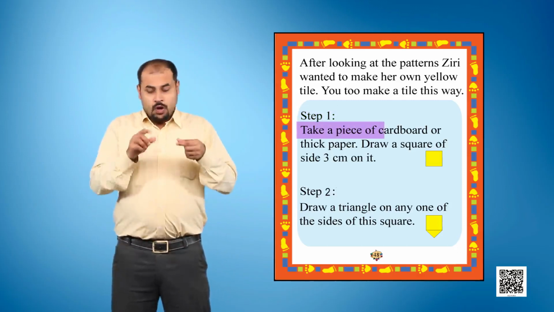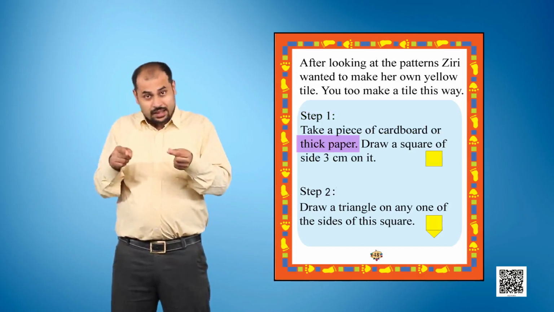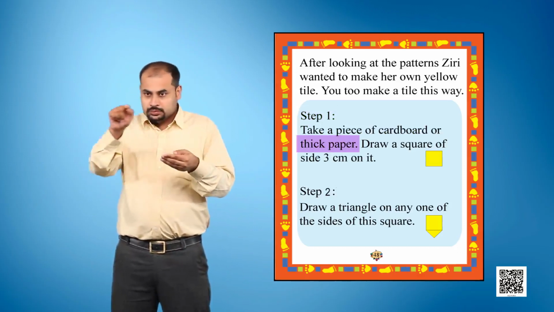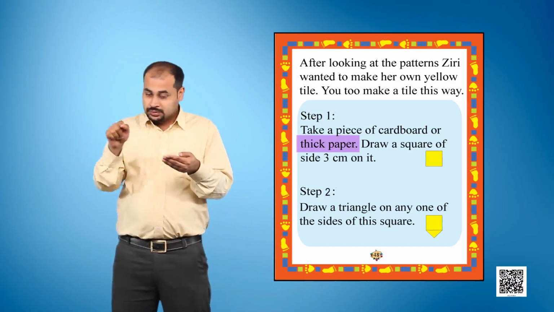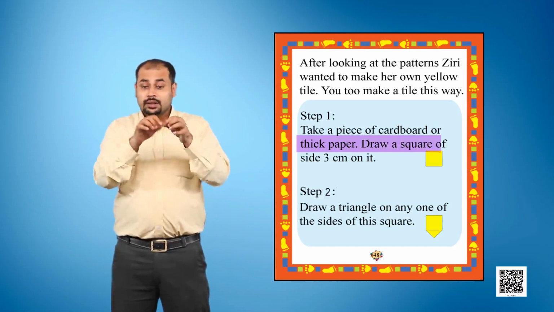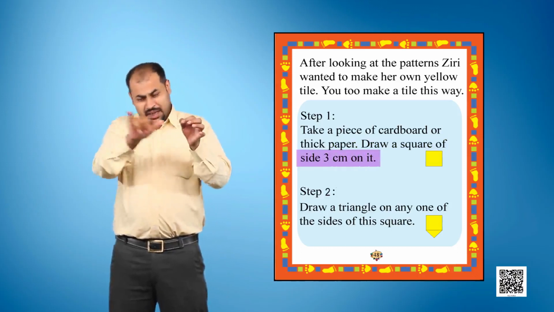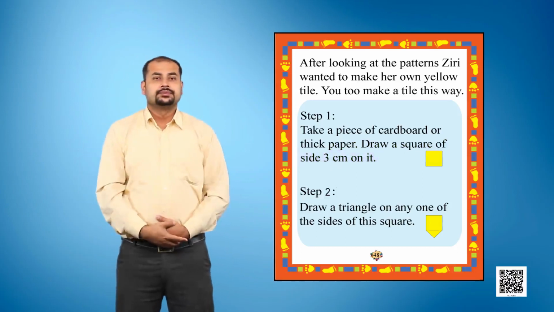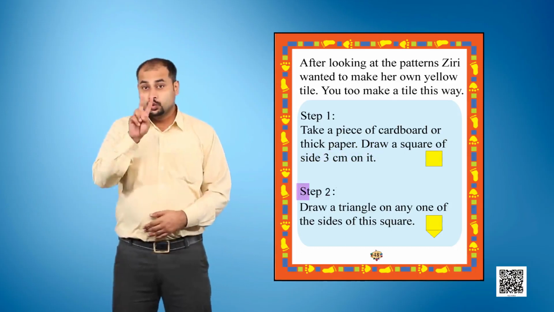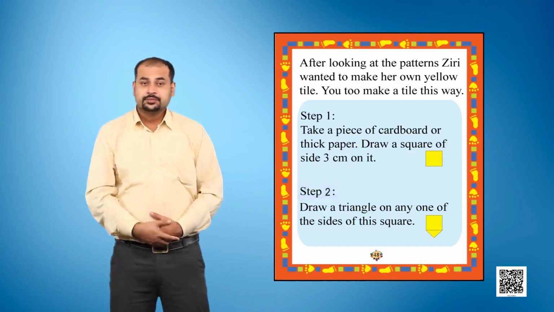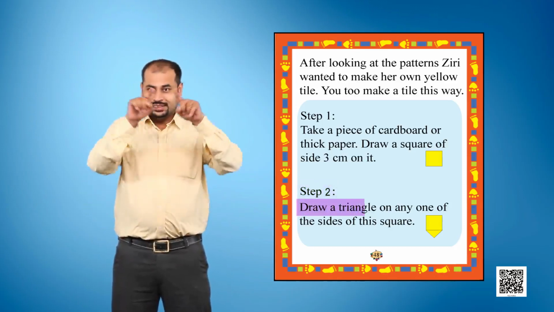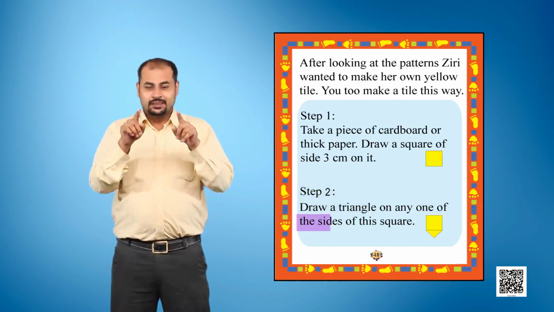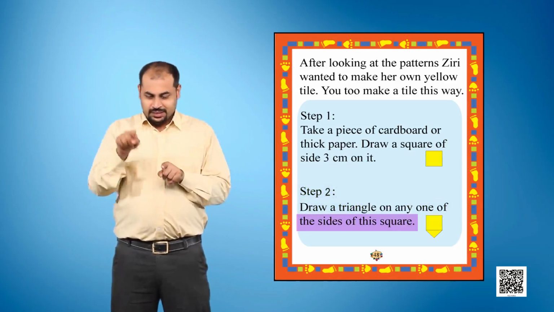Take a piece of cardboard or thick paper. Draw a square of side 3 centimeters on it. Step 2. Draw a triangle on any one of the sides of this square.